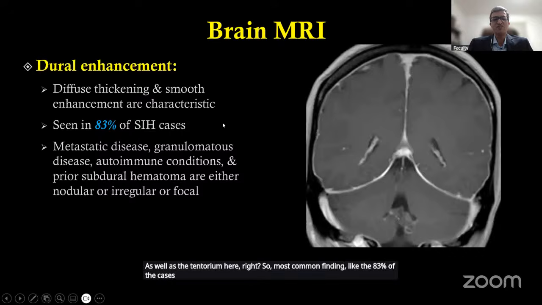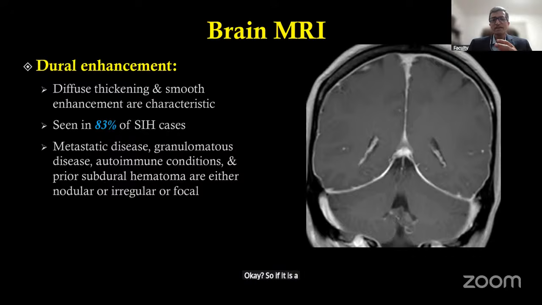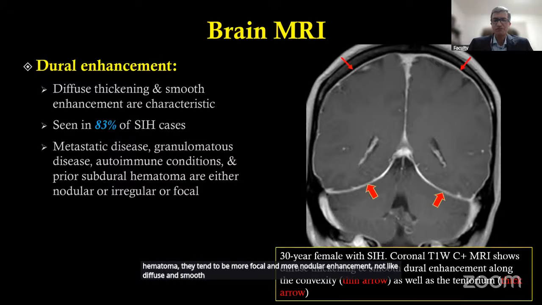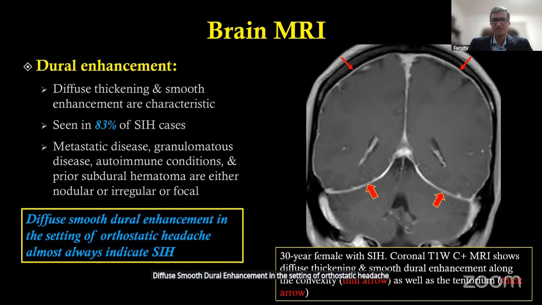Differential should include metastatic disease, especially if you have calvarial metastasis, you can have reactive dural thickening and enhancement, but that enhancement wouldn't go into the internal auditory canals. Okay. If it is a granulomatous disease or dural metastasis or other autoimmune conditions, or secondary enhancement due to underlying subdural hematoma, they tend to be more focal and more nodular enhancement, not diffuse and smooth. Okay. So diffuse smooth dural enhancement in the setting of orthostatic headache almost always indicates SIH.